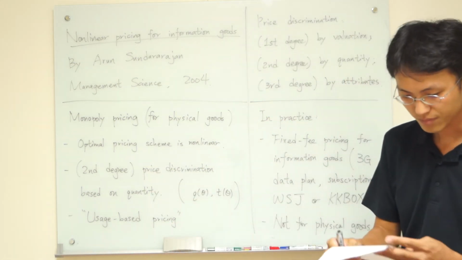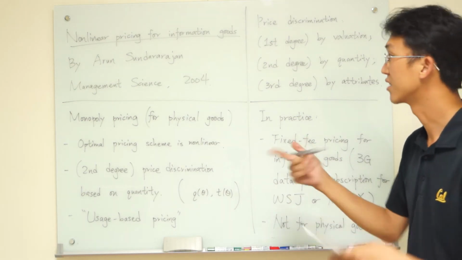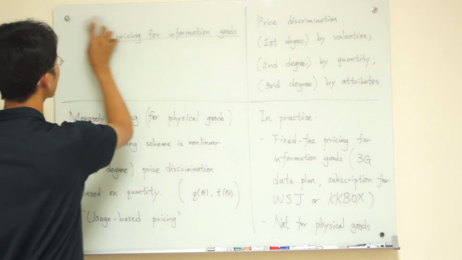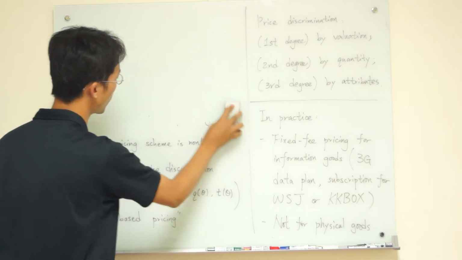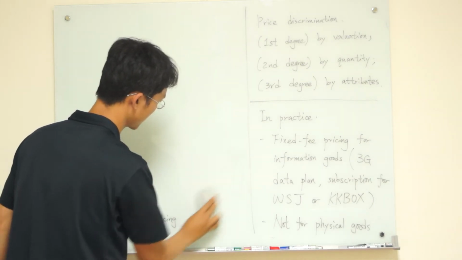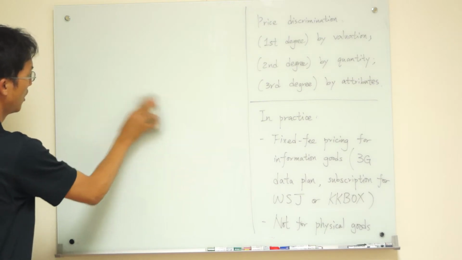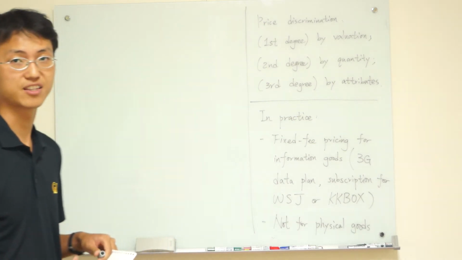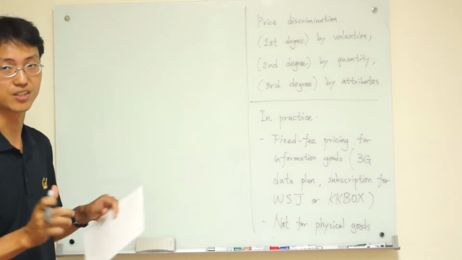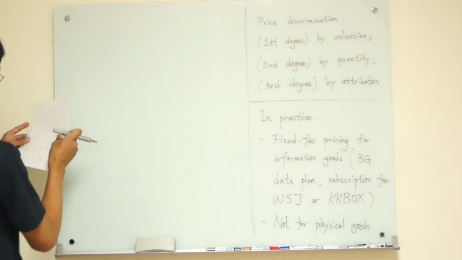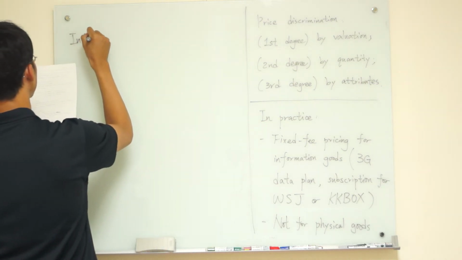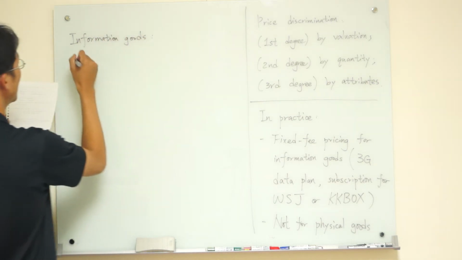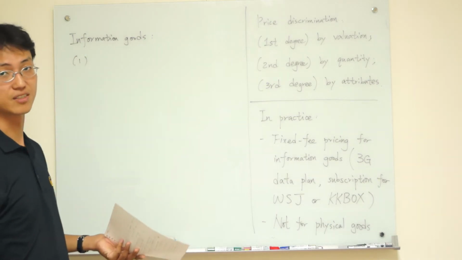So with that, we're going to study pricing for information goods. Before we start, we need to tell you what's special about information goods. Information goods have a lot of special properties, but at least we agree on the following two, and that's something discussed in this paper. The first thing is the most obvious.